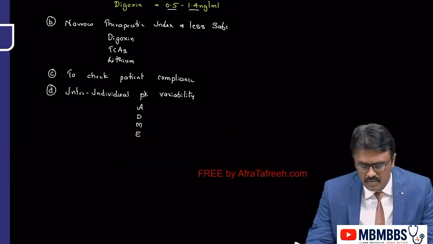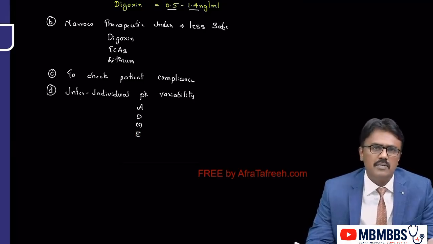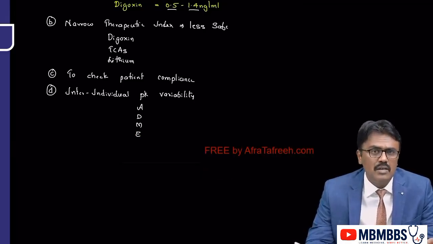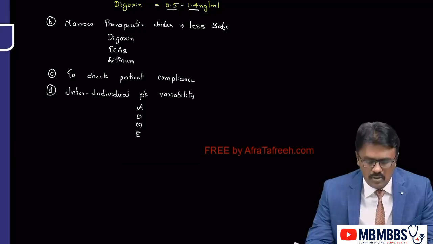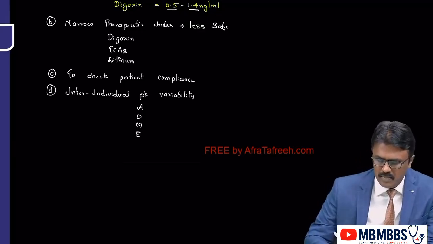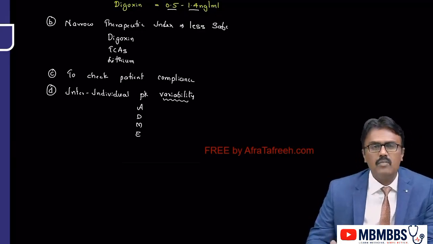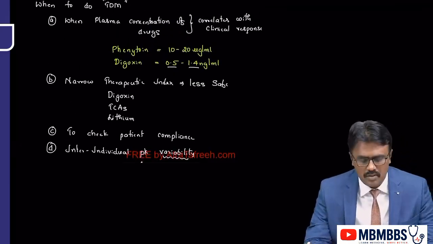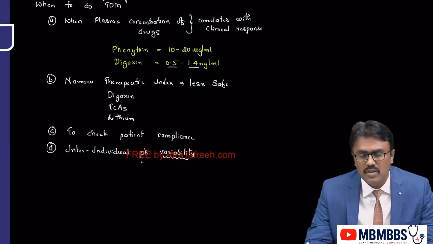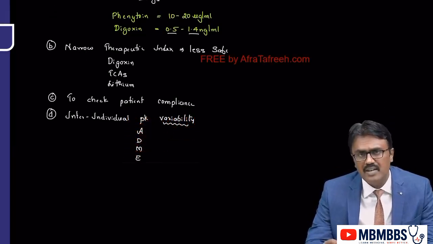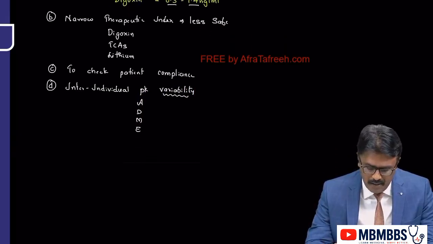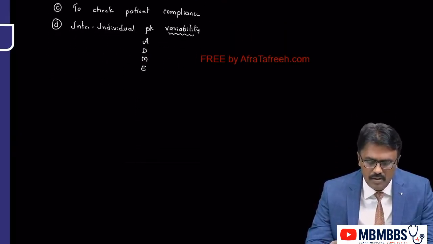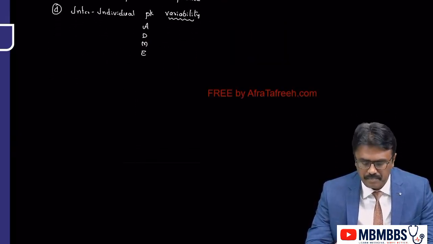Some people absorb it faster, some slower, some not at all. So these variabilities can be checked in therapeutic drug monitoring. So remember, the rule is: when plasma concentration of drugs correlates with clinical response, to check for patient compliance, for the drugs which are less safe, that is narrow therapeutic index, and when there is inter-individual pharmacokinetic variability.